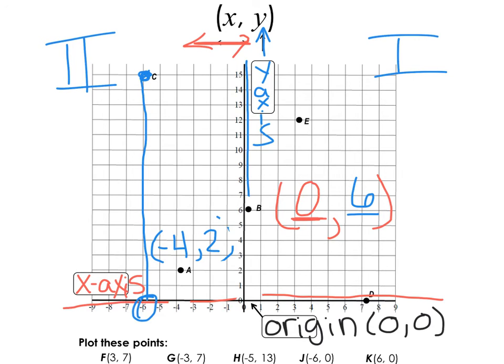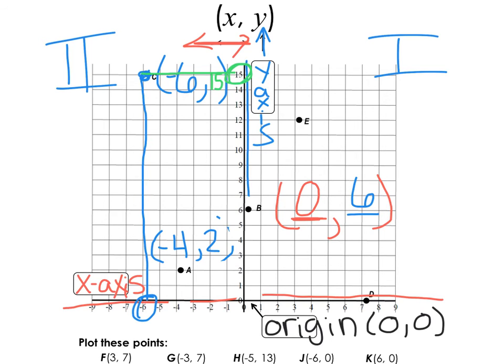So we go to our x number line, our side-to-side number line, and our x coordinate is a -6. Now we're going to check our y value. So we're going to go to the up and down number line. And I see that the y number line is showing 15. So my ordered pair for C is -6, 15.